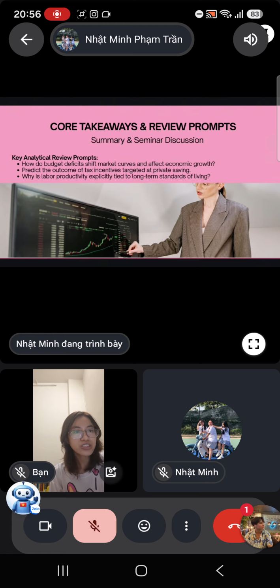A deficit reduces national saving, shifting the supply curve left, driving up the interest rate and causing crowding out, reducing private investment and slowing growth. On question two, we have the saving incentive: a tax cut on interest shifts the supply curve right, resulting in a lower interest rate and higher volume of investment.